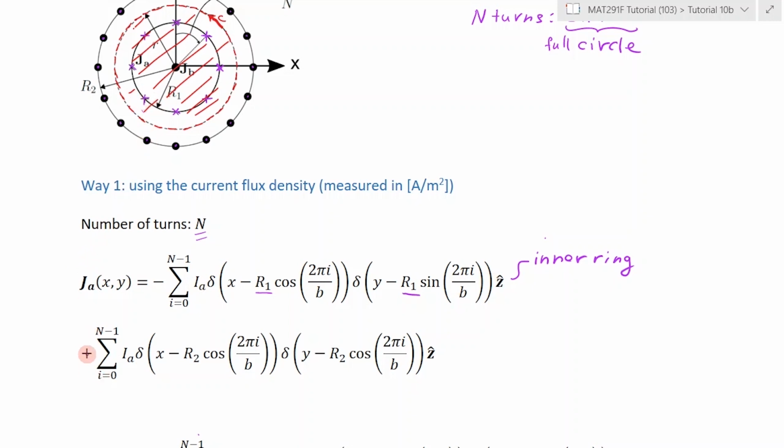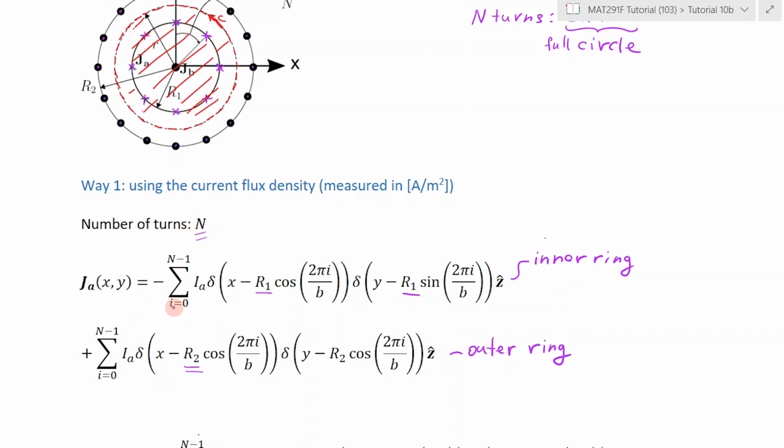For the outer ring, I have plus because it's going out of the page, and R2 is the radius. And again, these are the x and y coordinates of each of these filaments for the inner ring.